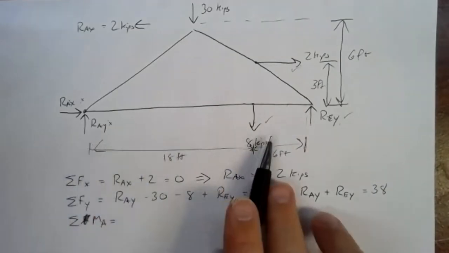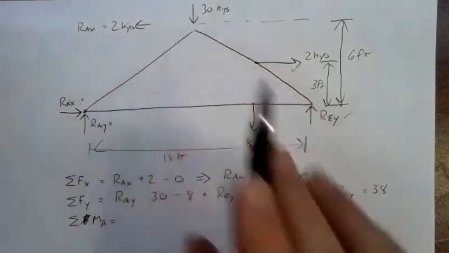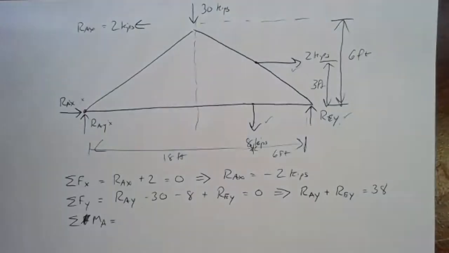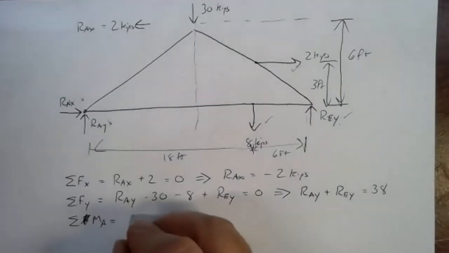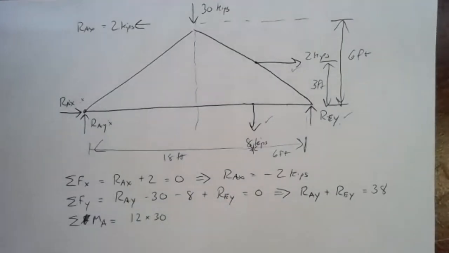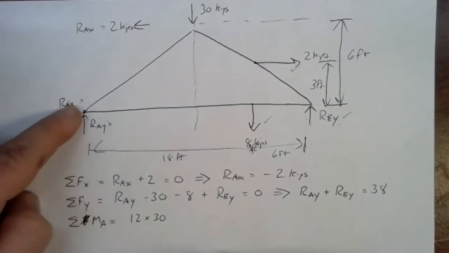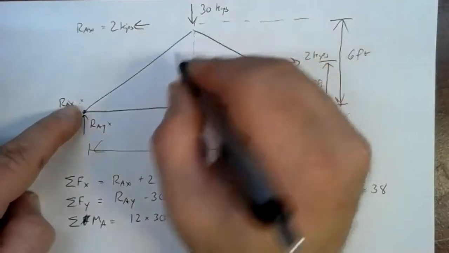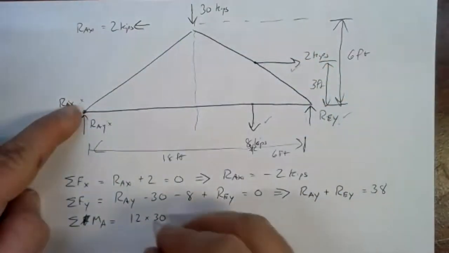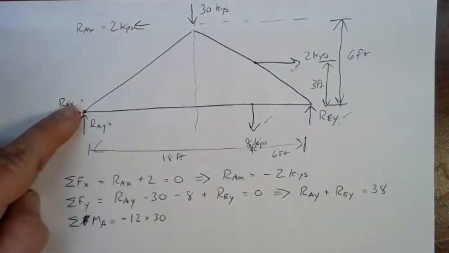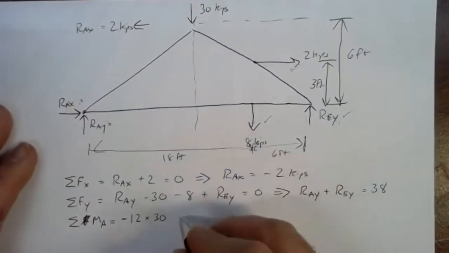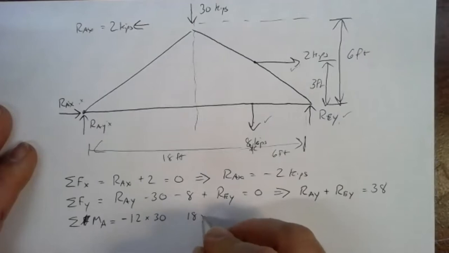So let's start just going kind of left to right here. The 30 kip force, its line of action's right down the middle. That's 12 feet away. So we've got 12 times 30. If we're pinning at A and pushing down at the peak of the roof, that's going to cause a clockwise moment, and clockwise moments are negative. Then we've got this 8 kip force that's 18 feet away.